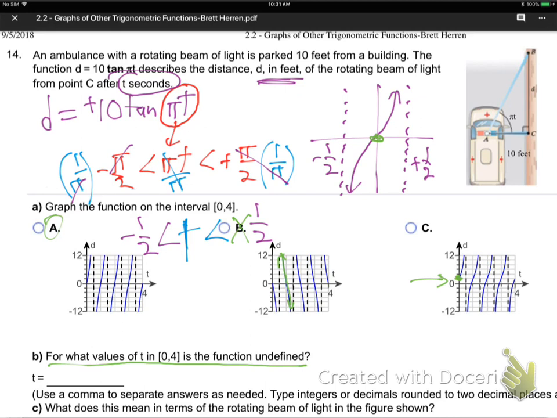That's where it's undefined, right here, at a half. It's getting off the screen, huh? Let me draw that again with a little more room to the right so we can think about it.